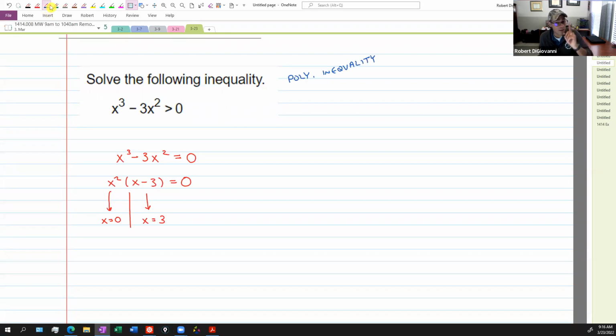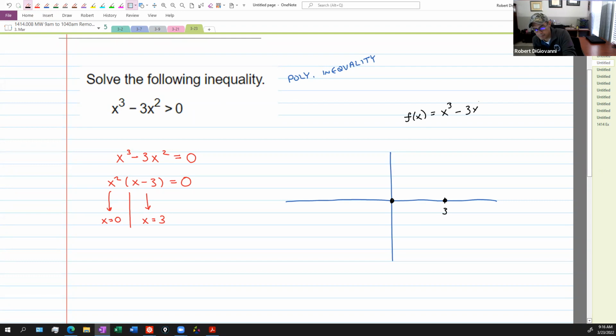So watch how I'm going to do this. Pay attention. I'm going to just think about what the graph of this looks like. I know that at 0, I have an x-intercept, and at 3, I have an x-intercept, right? That's if I was looking at this as a polynomial function.